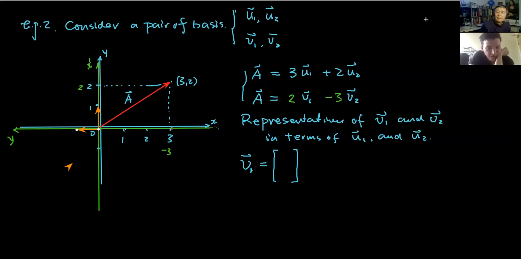So in the U1 and U2 frame, V1 is going vertically, so it's going to be 0, 1.